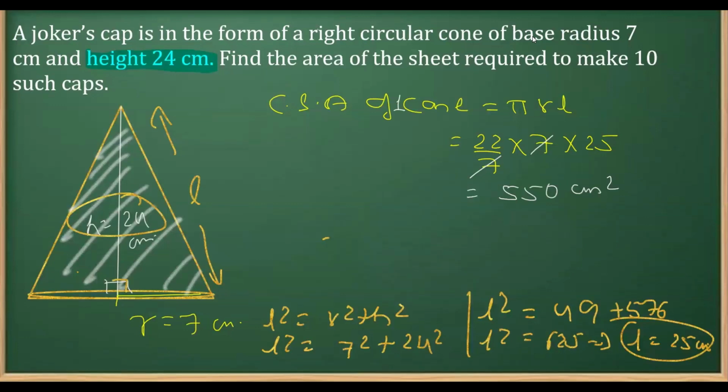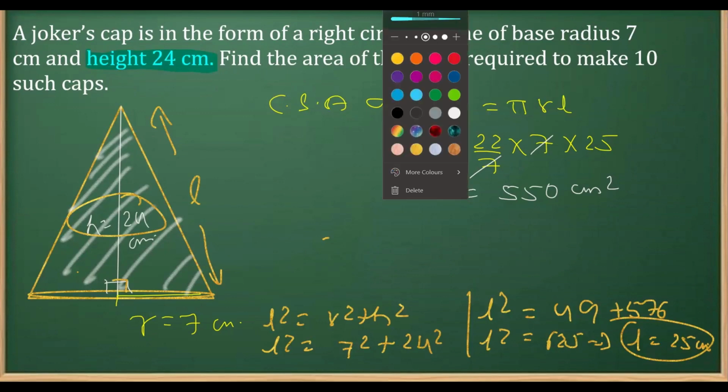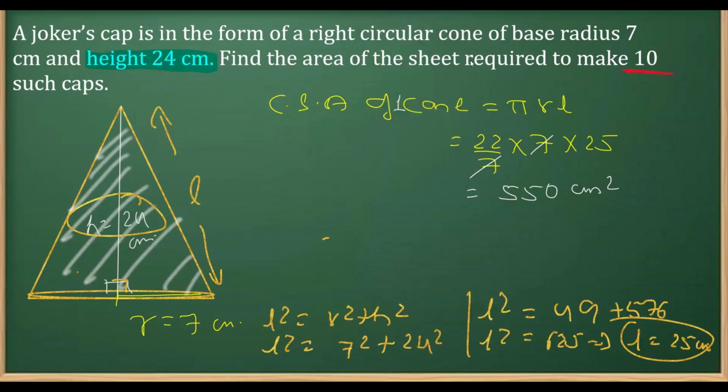Now we have to find out for 10 such cones. So for 10 cones it is going to be 550 multiplied by 10, that comes out to be 5500 centimeter square.